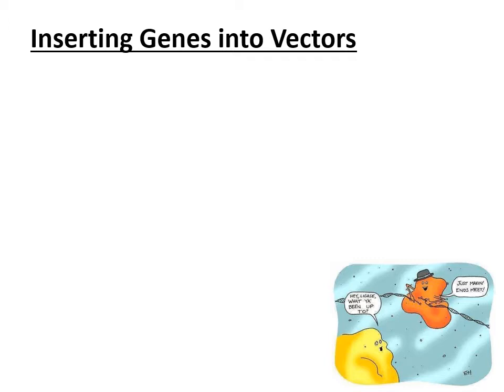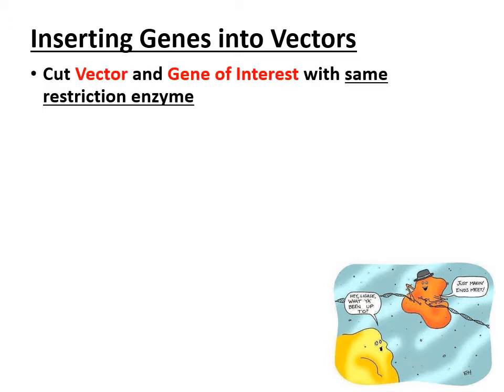So now we get to inserting genes into vectors, which we've basically been talking about so far, but I want to give you some general rules about doing this. So what you want to do in molecular cloning is cut that plasmid and then cut the gene of interest with the same restriction enzyme.